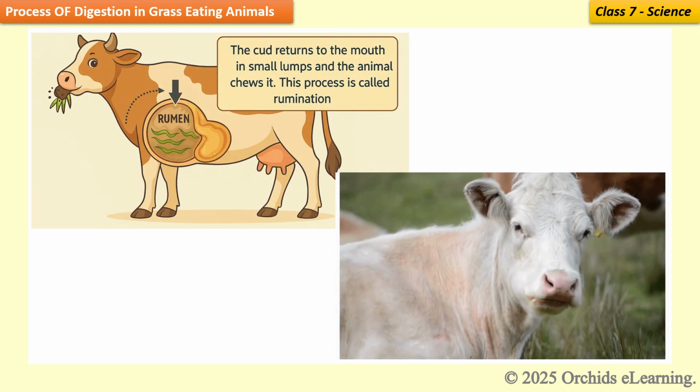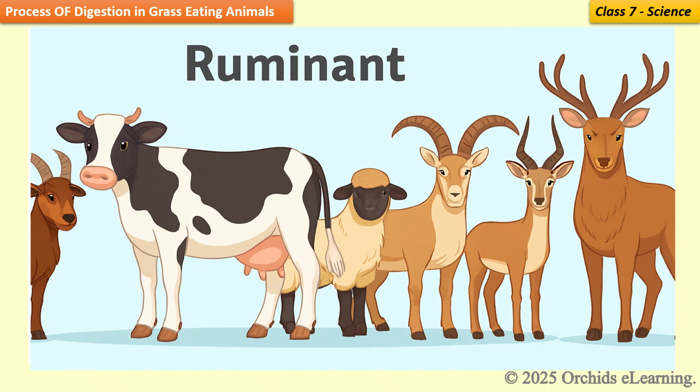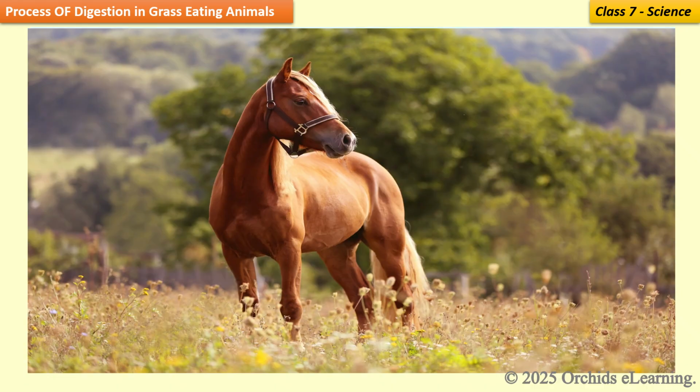Later, the cud returns to the mouth in small lumps, and the animal chews it. This process is called rumination. The animals are called ruminants. Example: cattle, deer, horses, and rabbits.